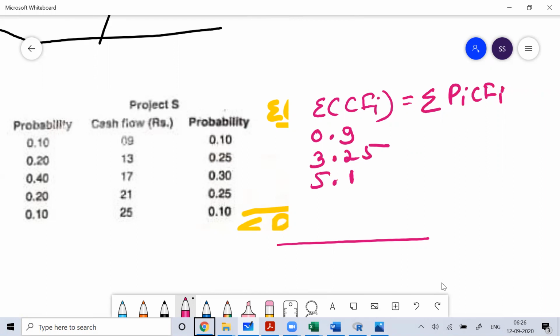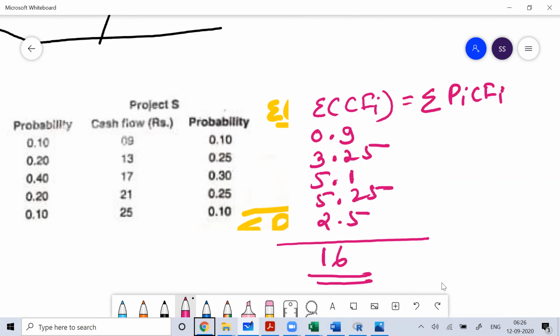Then 21 into 0.25 is 5.25. And this is 2.5. If you do the sum of this, 0.9 plus 3.25 plus 5.1 plus 5.25 plus 2.5, the expected cash flow for this is 16.